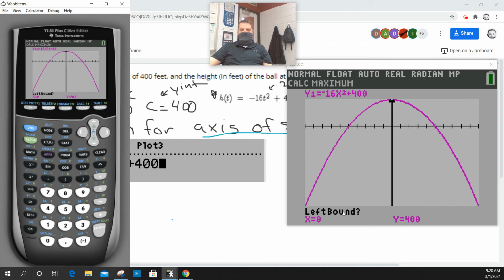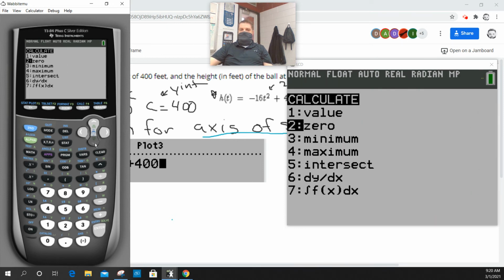So now notice right here it says left bound. We're just going to go a little bit to the left. I want everybody entering this in the calculator. I'll wait. If you're writing stuff down, that's fine. I'll wait for you. But I want you to try to get it in the calculator. So you're going to hit second and then trace, and that pulls up the calc menu. Then you're going to go down to what I believe is the fourth option. So you hit second, trace, go down to the maximum, hit enter.